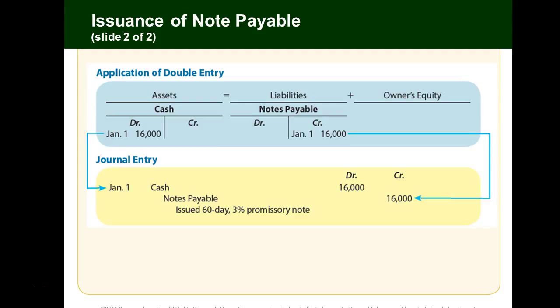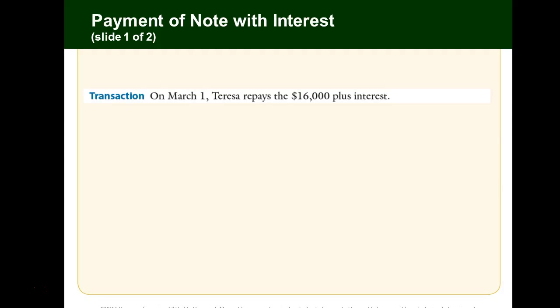So we debit cash of $16,000 and credit notes payable of $16,000. The normal balance of an asset is a debit, and the normal balance of a liability is a credit. Do you see how both increased? We issued a 60-day 3% promissory note. The transaction is recognized by an increase in assets and liabilities.